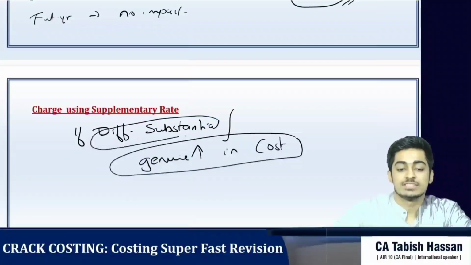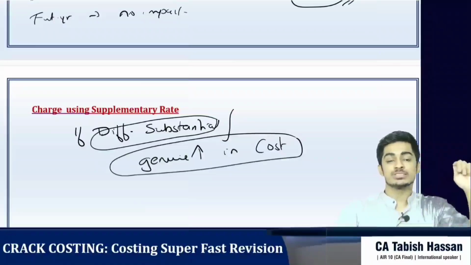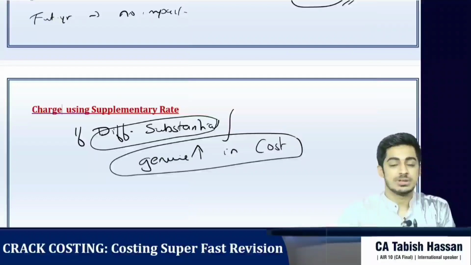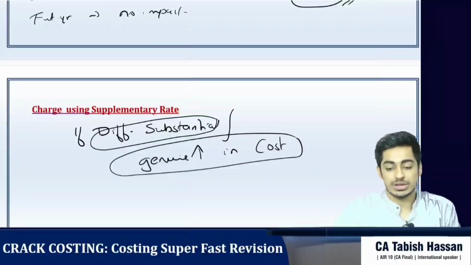If the difference is minimal, we transfer it to costing P&L. If it is due to an abnormal reason, we transfer it to costing P&L. But if the difference is substantial, we charge using the supplementary overhead rate. If it is a genuine increase in cost, we charge using the supplementary overhead rate.